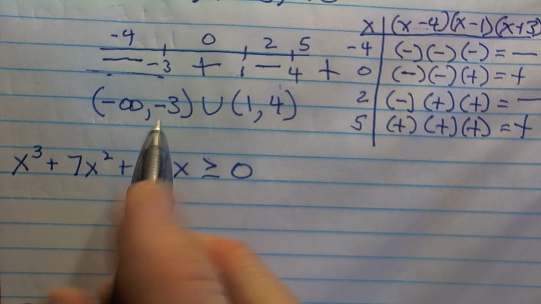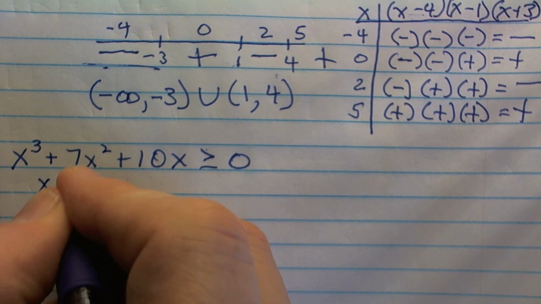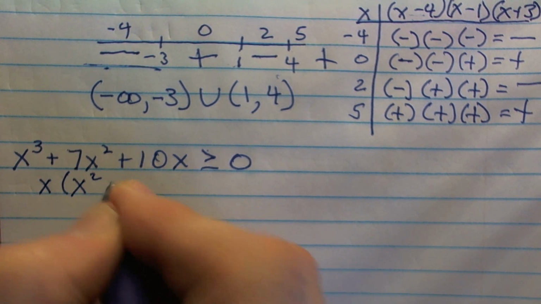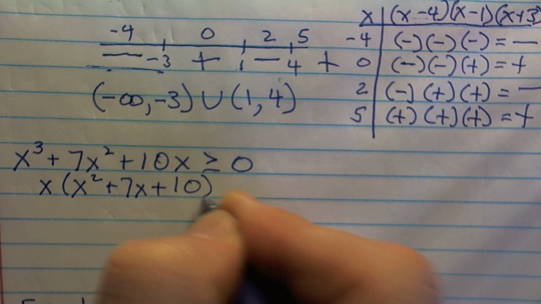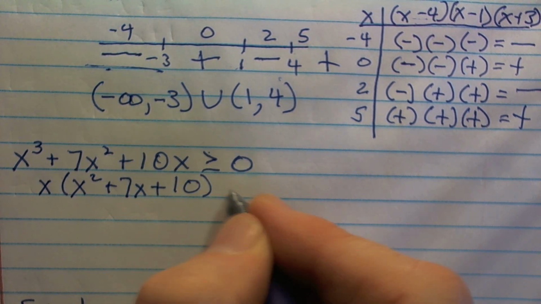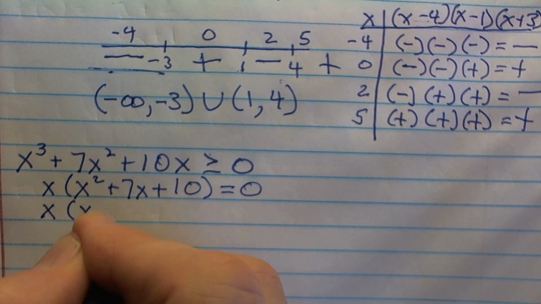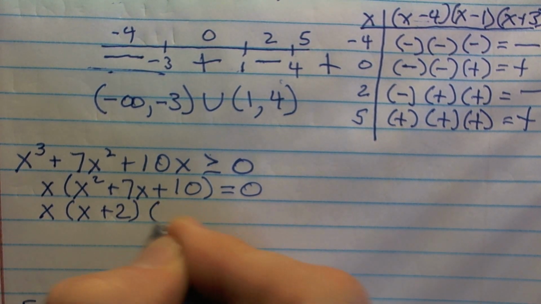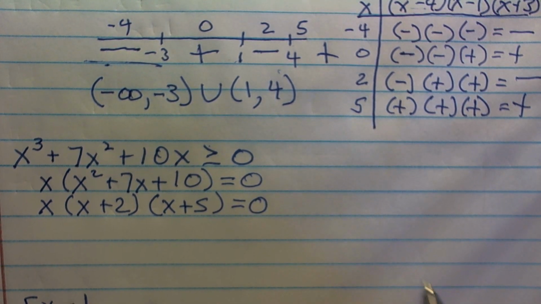Okay. Now let's look at the next one. The next one, to find the boundary numbers, we've got to factor. See? So I can factor this a little further. I'm setting this equal to 0. I factored a little further. Okay.